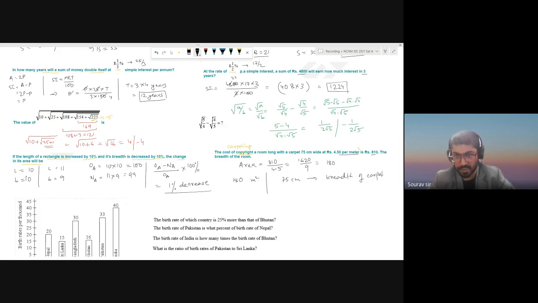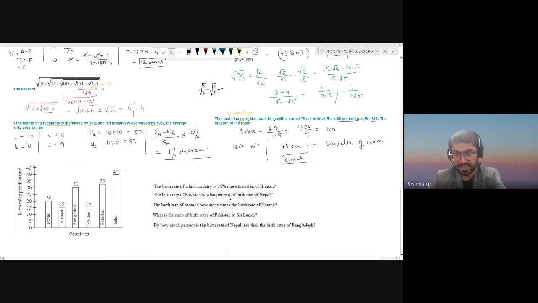So I don't know what they are asking here. So I'll just leave it in this question. Just check the question from other sources and see if it makes sense, right? Because data is missing, you have to have any one of length or breadth to find the area. Anyway, let's check the next question.